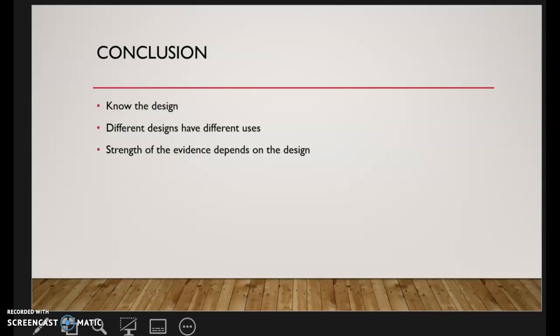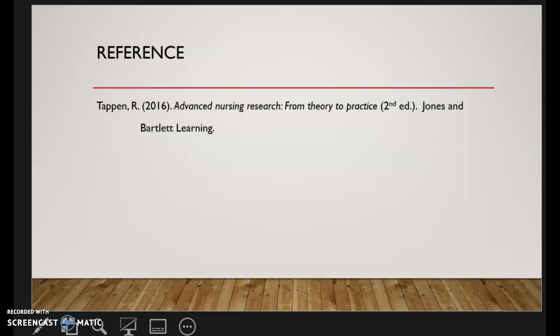So if one group is different than the other, then the results aren't necessarily as strong as if there were controls for the differences. So again, always ask those very critical questions, have your critical lenses on when you're reading research, and also when you're trying to decide what type of design to use for your particular project or research.